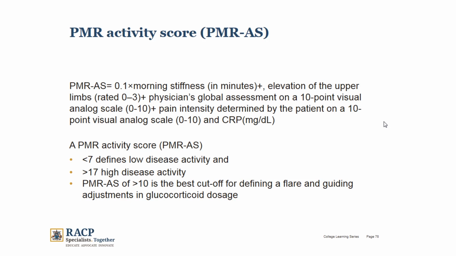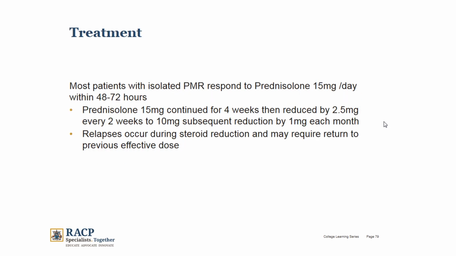A score less than 7 seems to define low disease activity, and a score of more than 10 is usually what we use to define a flare and can help guide adjusting the steroid dose. Most patients with isolated polymyalgia rheumatica tend to respond to low to moderate doses of prednisolone, around 15 milligrams, and they respond within 48 to 72 hours.